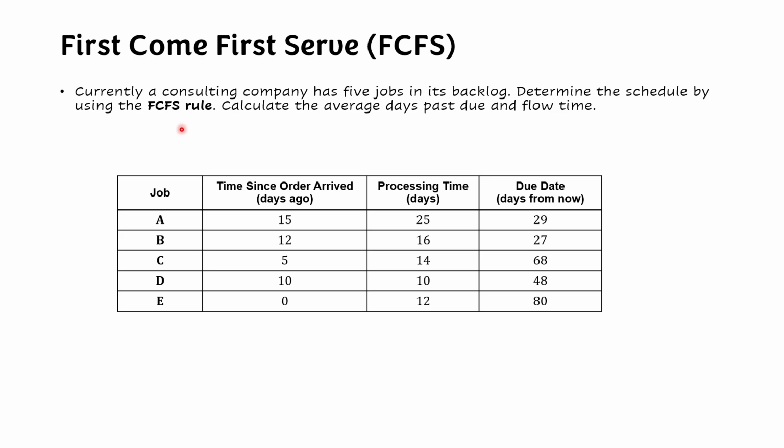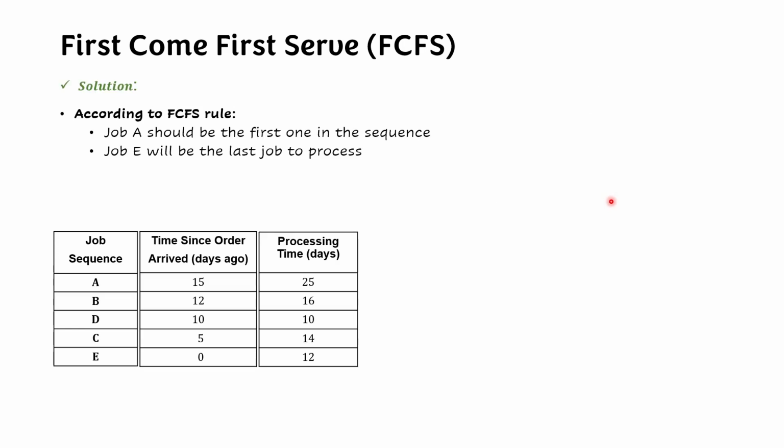We have the information about the time since order arrived, the processing time, and the due date for each job. According to the first come, first serve rule, job A will be the first one in the sequence since job A arrived 15 days ago. Using the same approach, job E will be the last job to process since it arrived today, meaning 0 days ago.